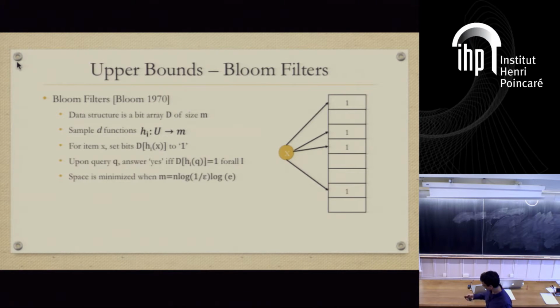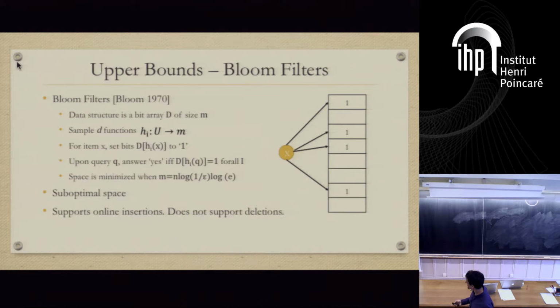So what can we say about this data structure? It has suboptimal space, at least with respect to the lower bound that we've proved, because we have this log e. So as I said, in this particular context, we care about these constants. It supports online insertions. It does not support deletions.